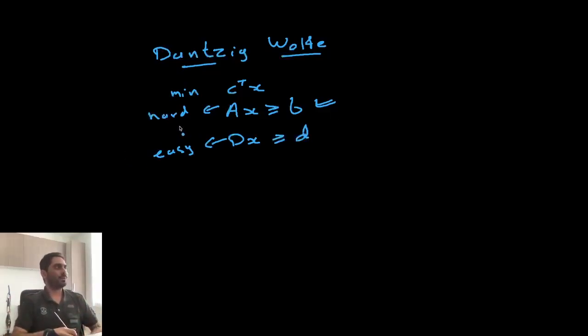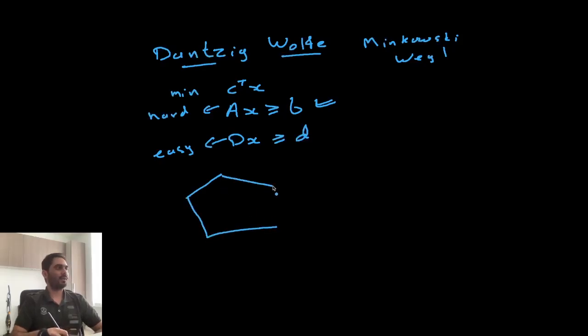So we are going to split those two sets of constraints, and we are going to use a theorem by these two people, Minkowski and Weyl. When I have a linear program, it is some sort of a polyhedron, something like this.